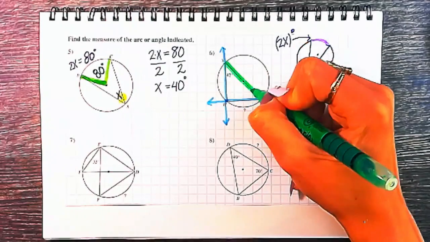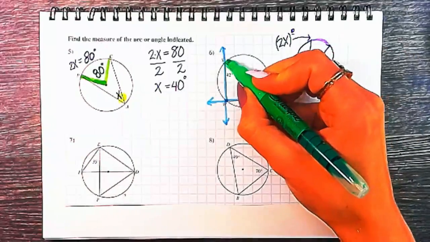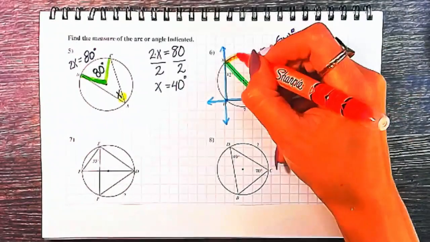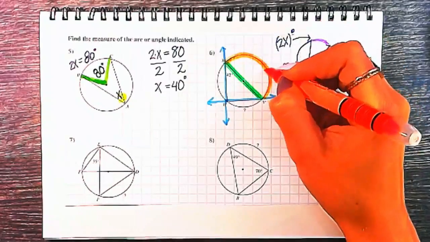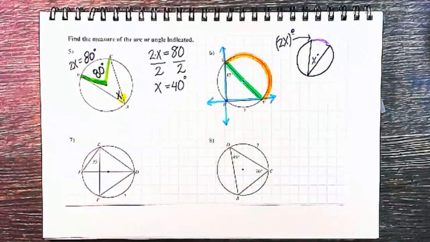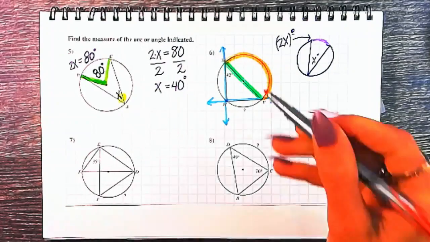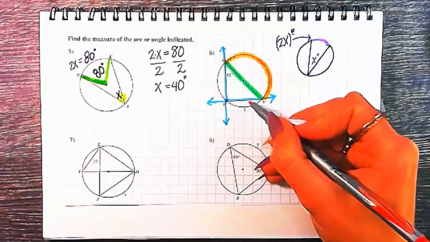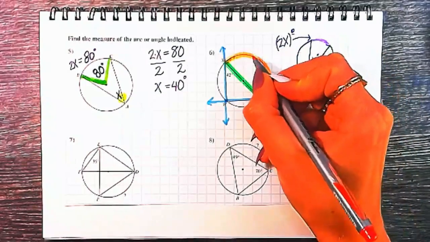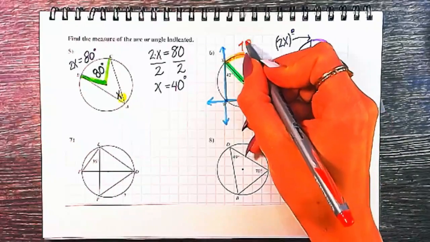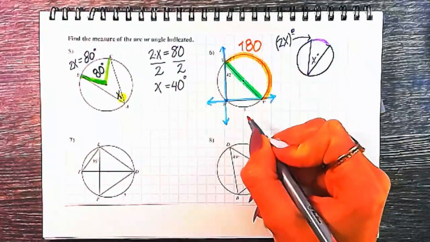If that's the diameter, that means that this arc measure right here is the arc measure of the semicircle, and the arc measure of a semicircle is how many degrees? The full circle has an arc measure of 360 degrees, so the arc measure of a semicircle is 180 degrees.